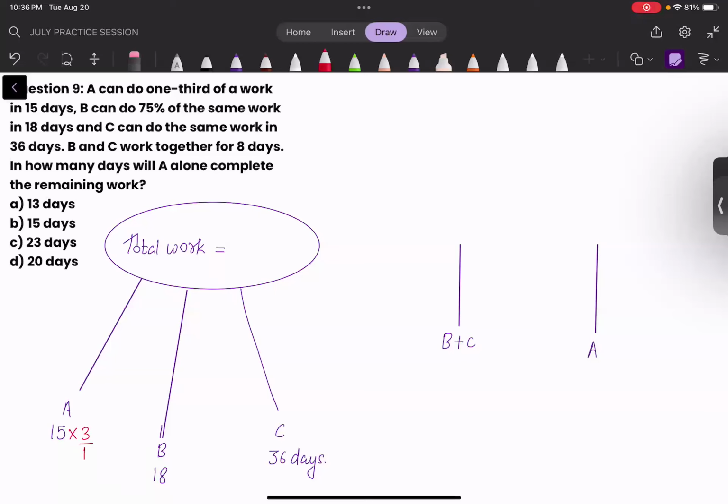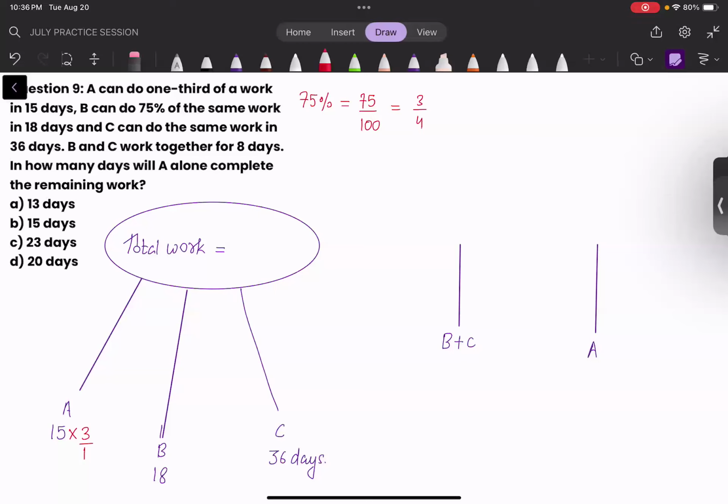Okay, next one. B can do 75%. My dear, 75% means 3 by 4. So is this value right for B? In the diagram, have we written the right value?